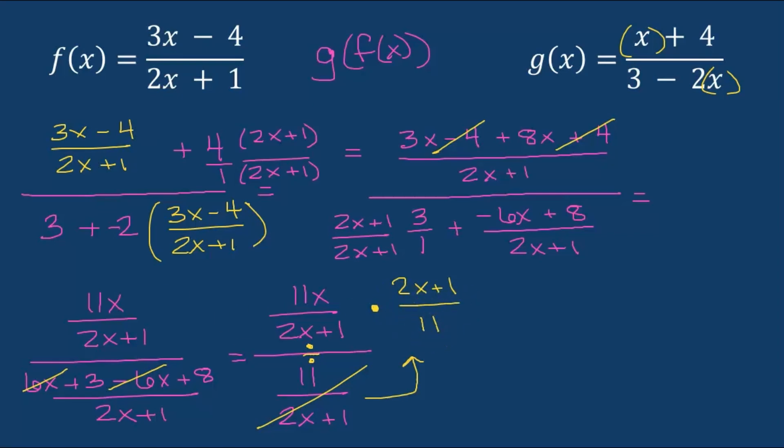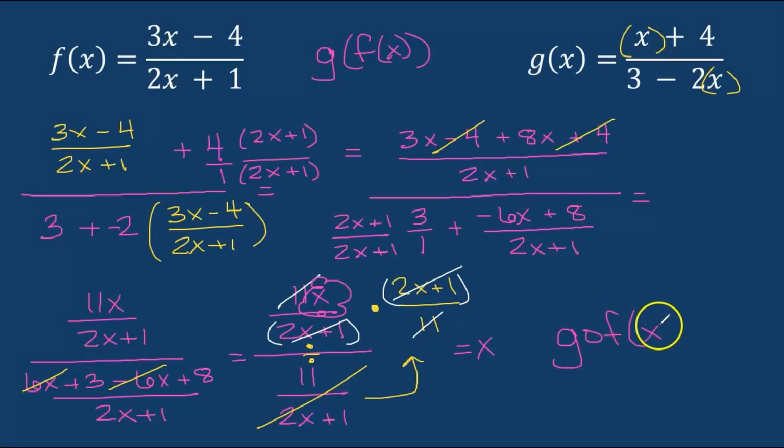This is really handy, as the 11s can cancel, and so can the 2x plus 1. This leaves just x right here. And now I have verified that g of f of x is x.